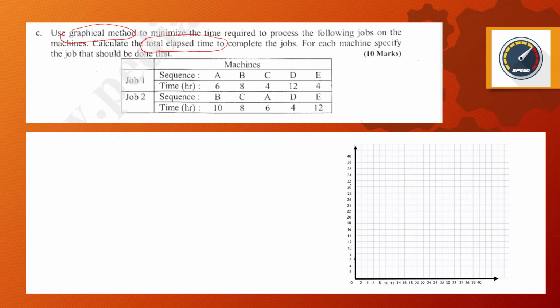We can see that we have two jobs, 1 and 2, which need to be processed on 5 machines. Here we can see that on machine A, job 1 starts first and then job 2 comes after machine A is processed.